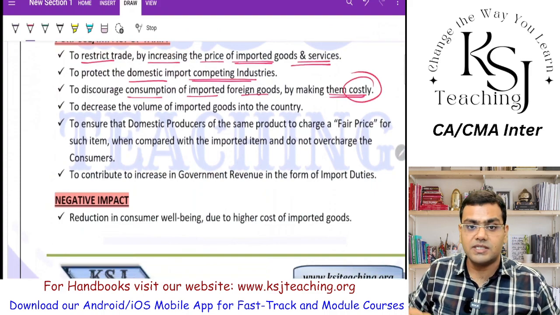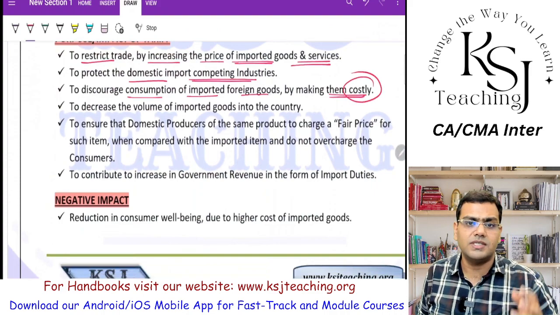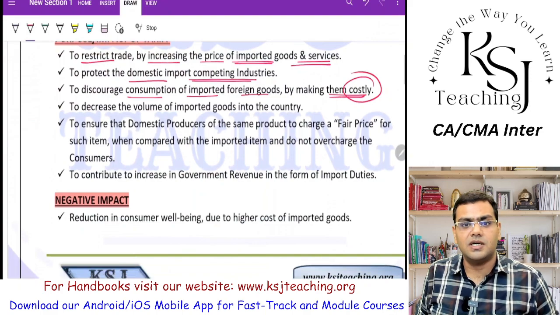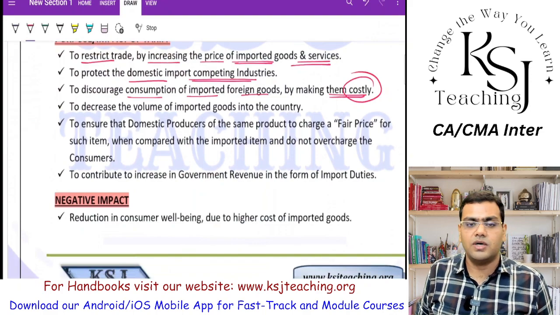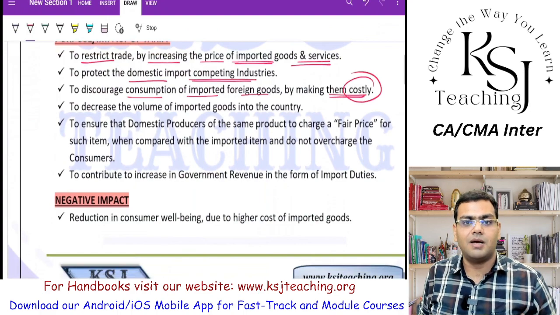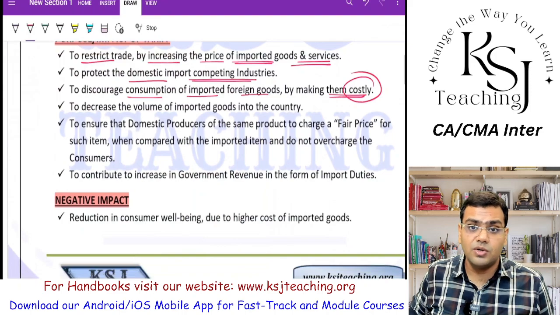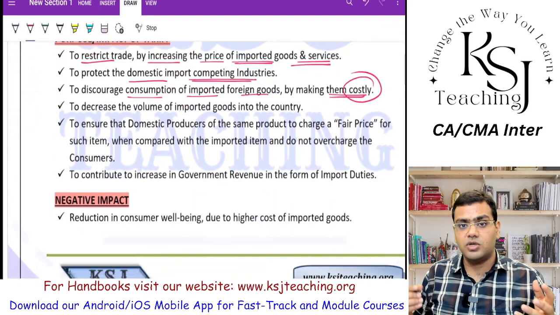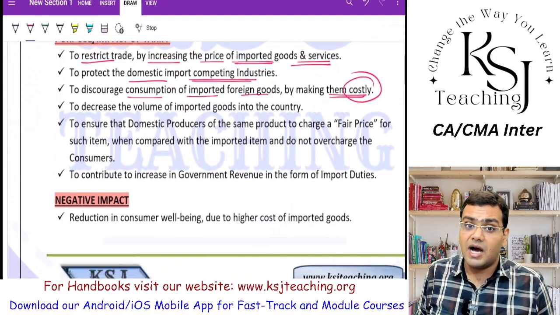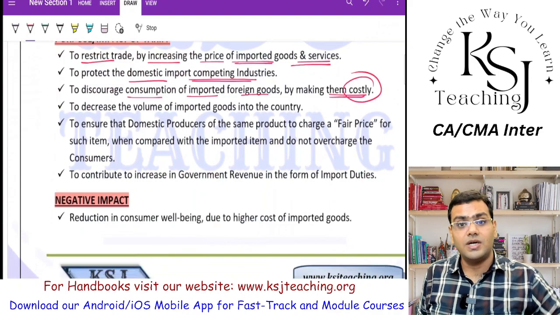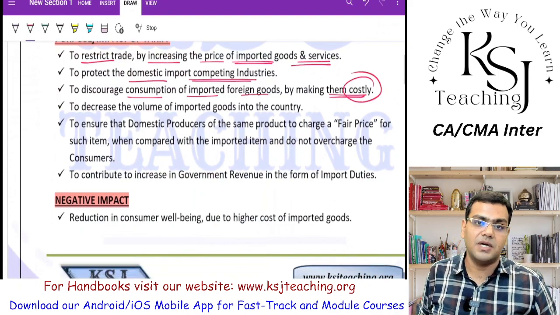Like in recent times, we have been saying that we should be discouraging Chinese goods, right? So any goods coming from China will have high customs duty, right? If you import goods from China, you will have to pay high customs duty, right? That is to discourage imports from that particular place.